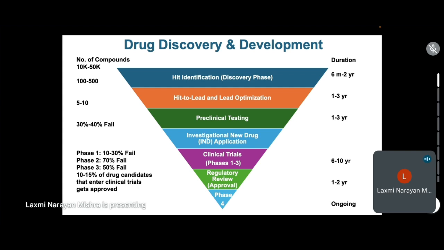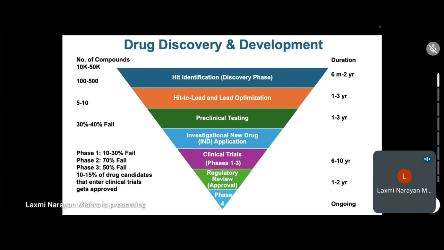Success rate is roughly 30%. 60% to 70% in the preclinical development will fail at this stage due to toxicity, mainly liver toxicity, which we see when we take any drug. Most of them have liver toxicity. We complain that the liver is not good after taking these medicines. So liver toxicity is one of them.